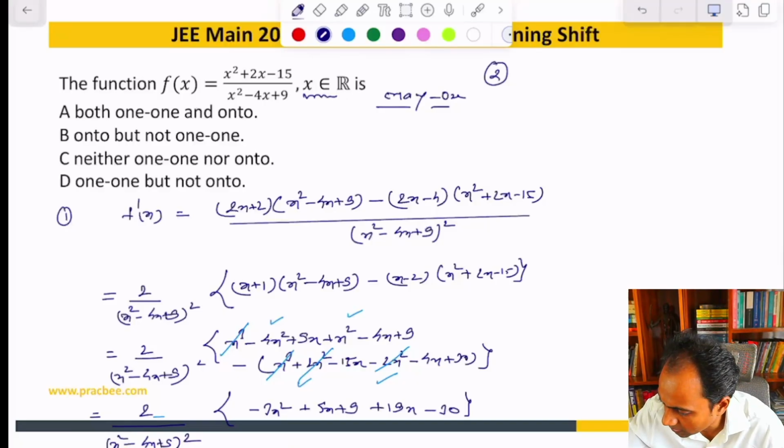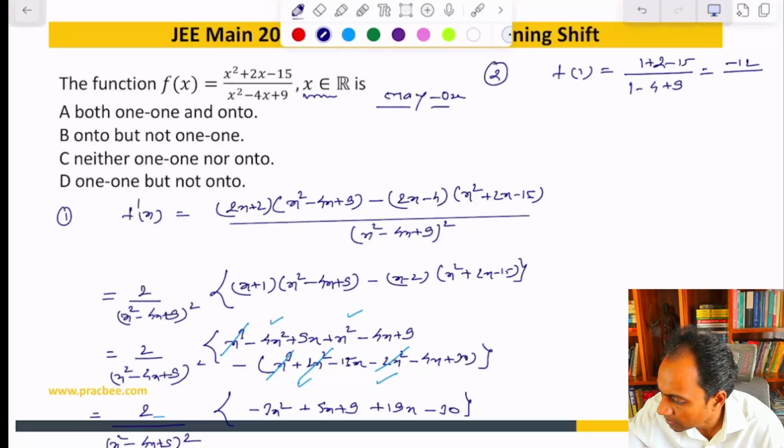So if I put the value at 1, f of 1 would become 1 plus 2 minus 15 by 1 minus 4 plus 9. This comes out to be minus 12 by minus 6. That comes out to be 2.